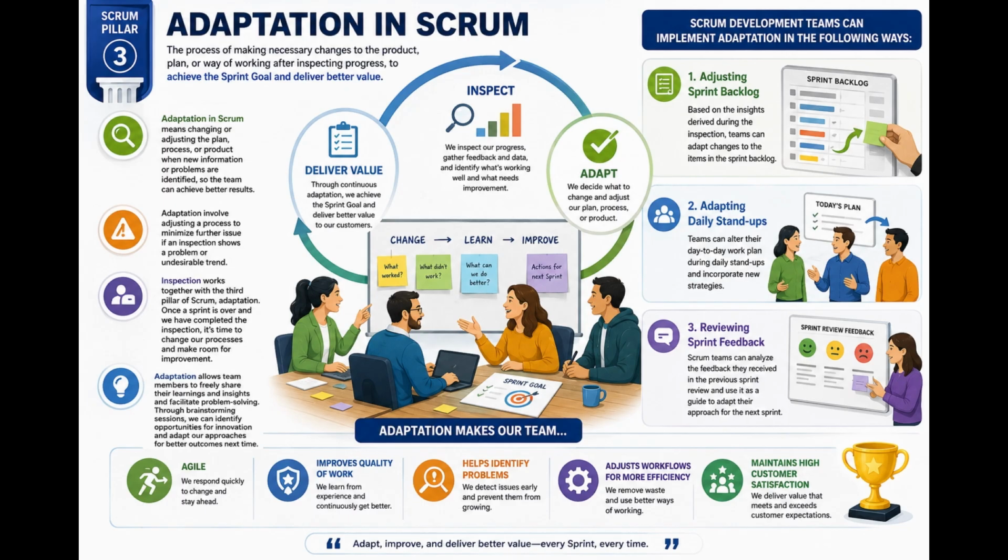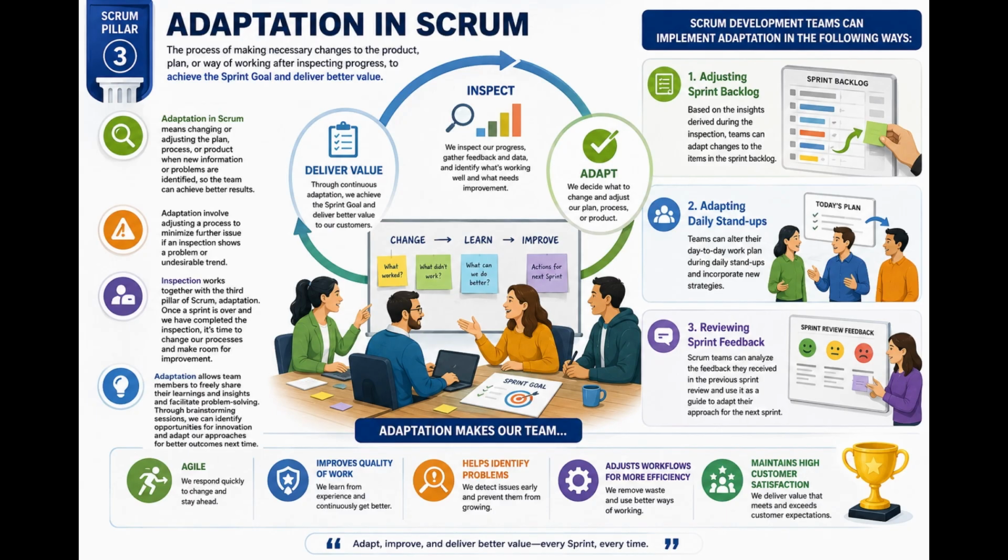Adaptation involves adjusting a process to minimize further issues if an inspection shows a problem or undesirable trend. Inspection works together with the third pillar of Scrum, adaptation. Once a sprint is over and we have completed the inspection, it's time to change our processes and make room for improvement.